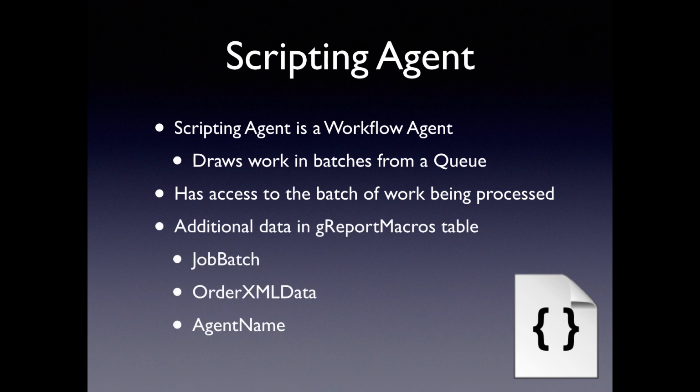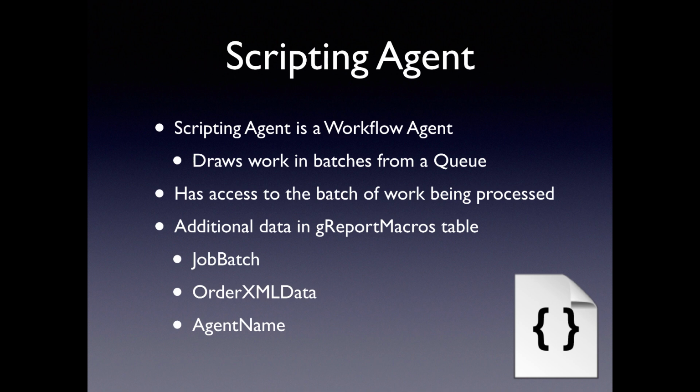So how does it get that batch? Well, there are some additional pieces of information in the report macros table, those being the job batch, which is an array list of RS jobs, a class that's provided and defined by the server.